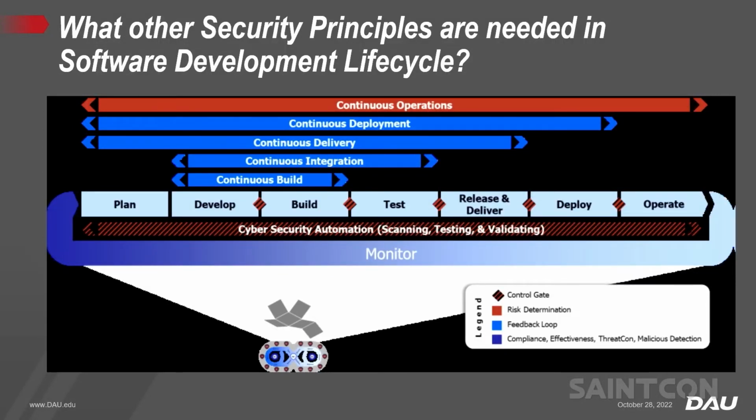I'll get into that in the future aspects of my slides, of how to get into the CI/CD and get security into that continuous integration, continuous build, where we aren't a hindrance on it, but it becomes fluid, where we have code that we trust and go through.